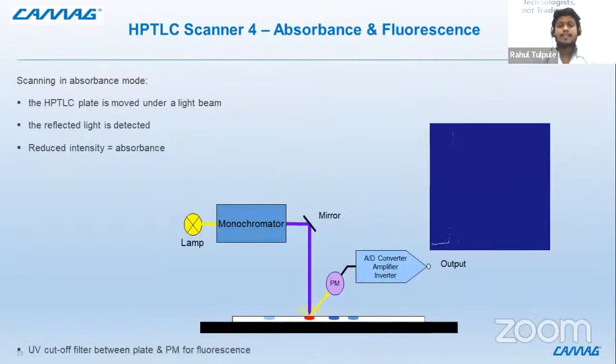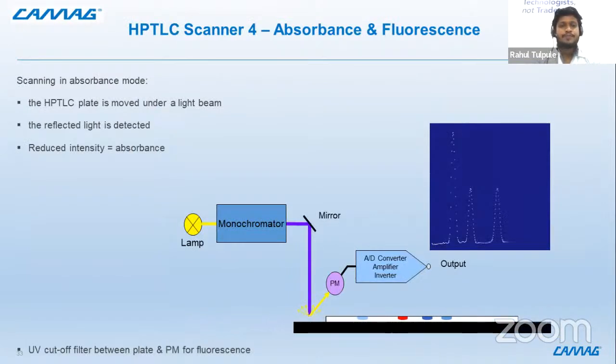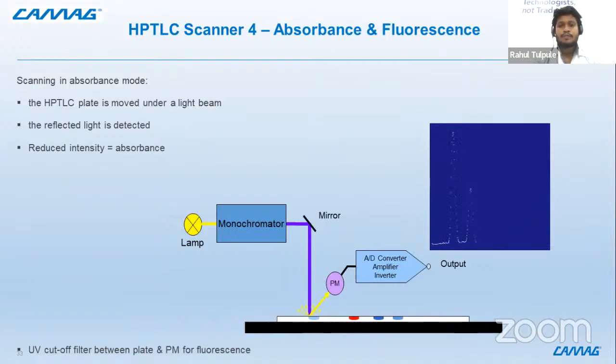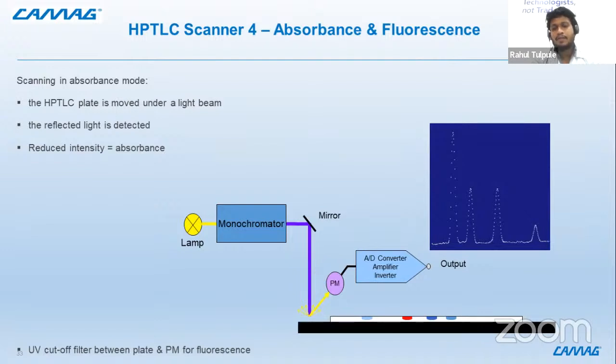So this is how the scanner works. As you can see, when the light passes through the band of analyte, you get a peak of interest. It is absorbance versus concentration.